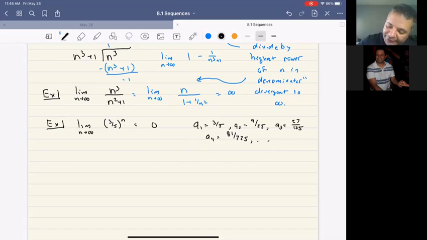In contrast, if I have 5/3 to the n, that's actually going to get much bigger, right? This is much bigger than this. So we're going to put these together into one idea.